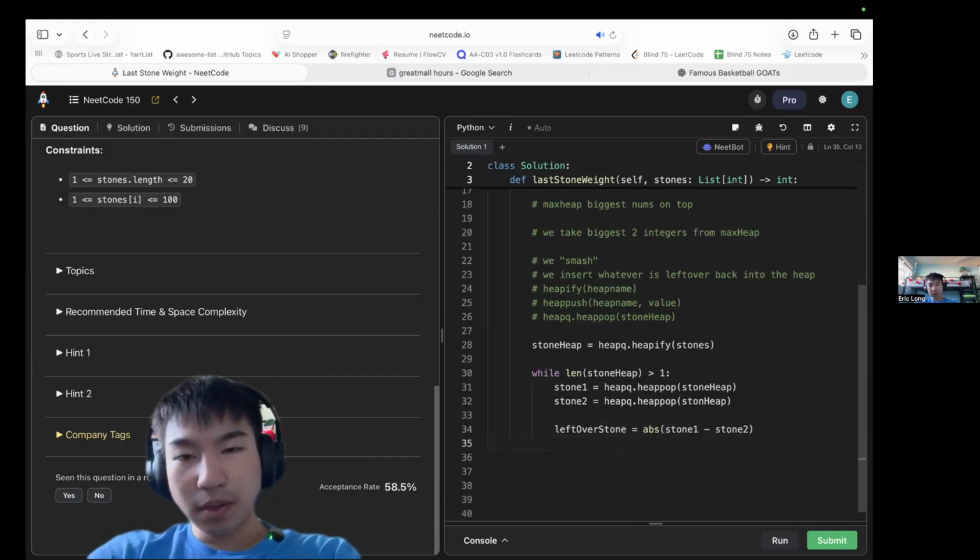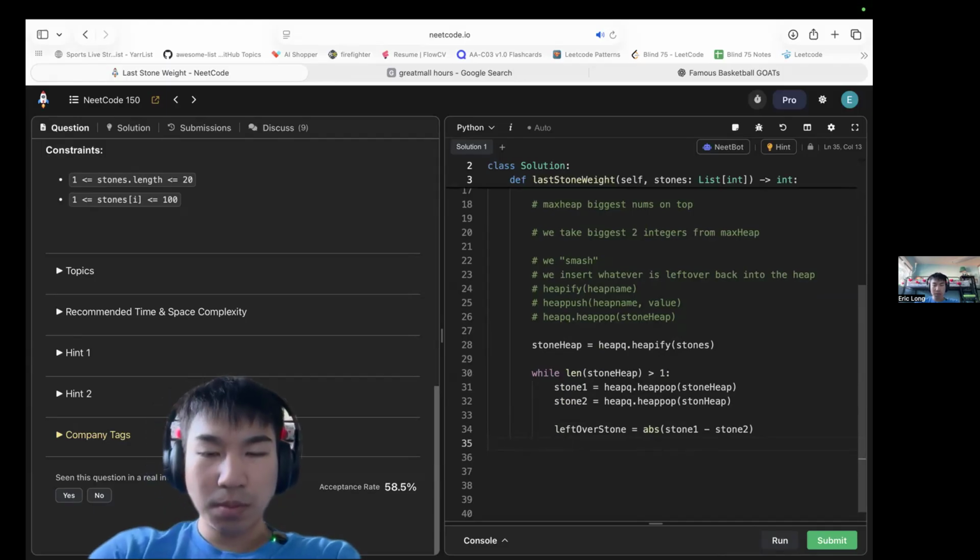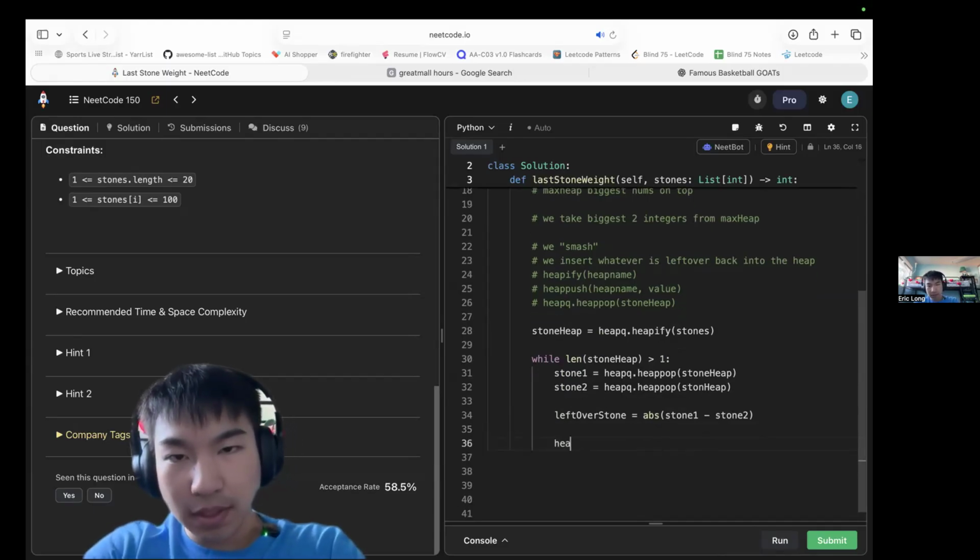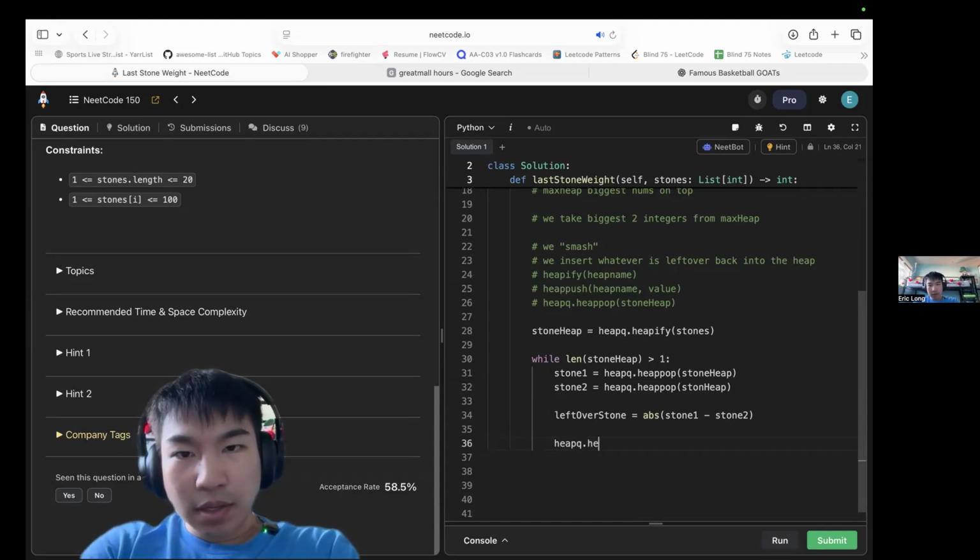Okay, now I want to push it back into my heap. I'll do heapq dot heappush. The name of my heap is stone heap, and the value will be leftover stone.